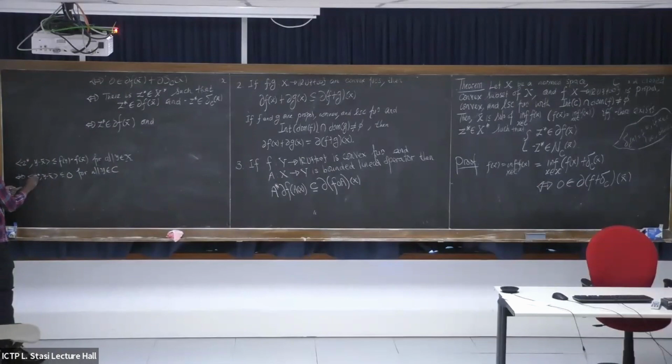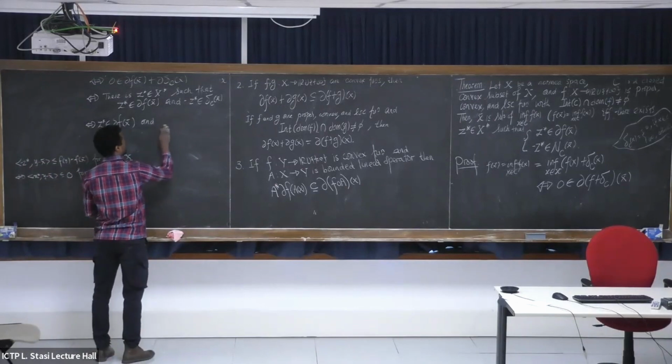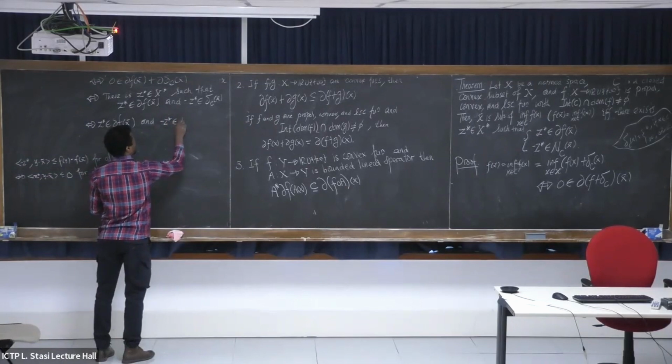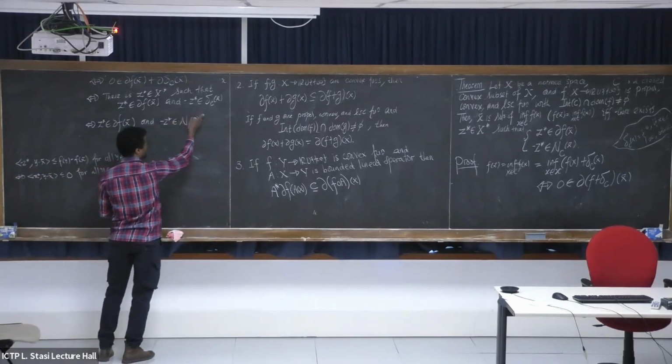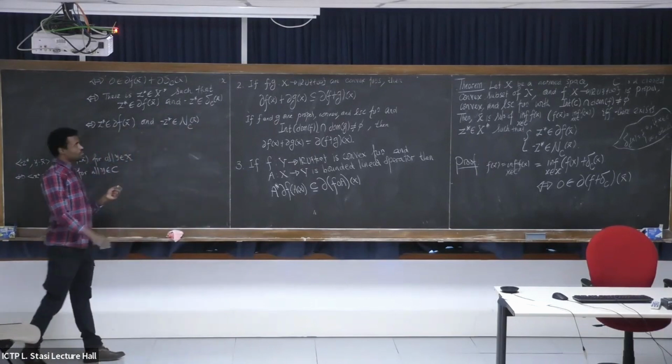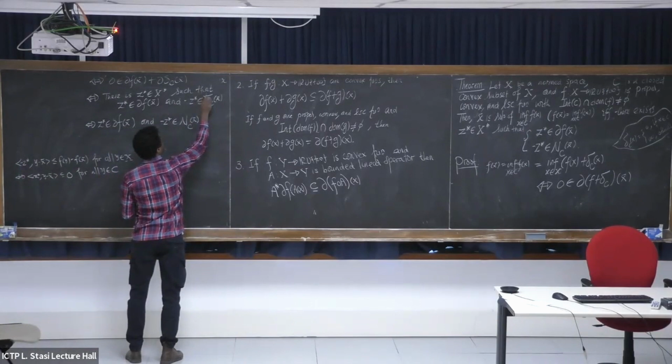So this is the normal cone of C at x bar.